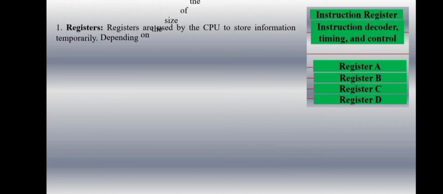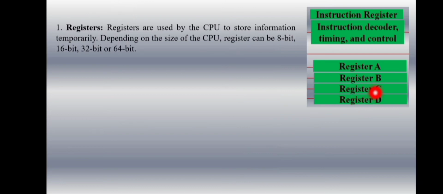First one is registers. There are a few registers, namely register A, register B, register C, register D, and the instruction register. Registers are used by the CPU to store information temporarily.